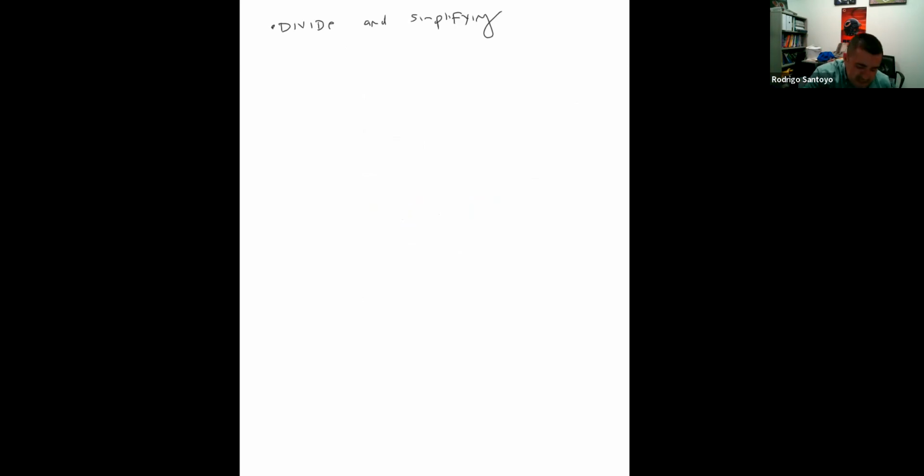When it comes to dividing and simplifying these radicals, if we have a fraction as our radicand, we can always rewrite it as 2 separate ones with that same index.